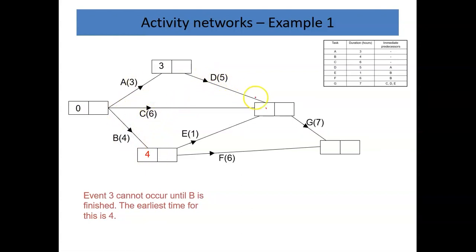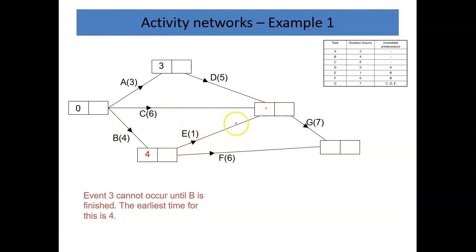Now there are actually 3 activities going into this box here, so I'm going to have to be careful. The weird thing is I pick the biggest of my 3 answers. So I go from 3 plus D, which is 5, that will give me 8. The 0 plus the 6 is 6, which is smaller, and 4 plus 1 makes 5.